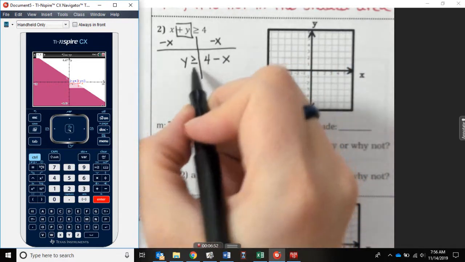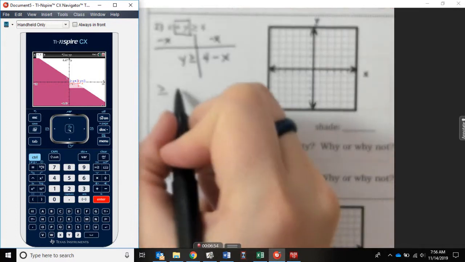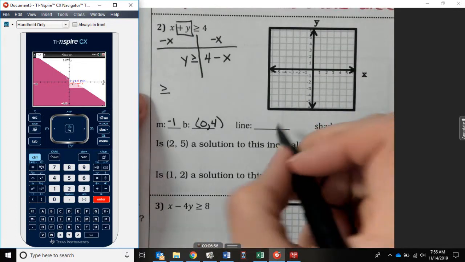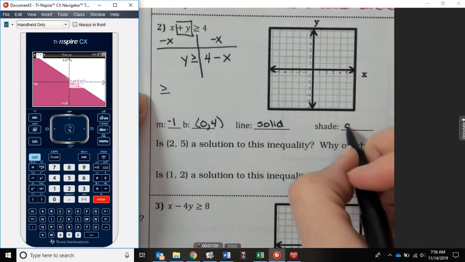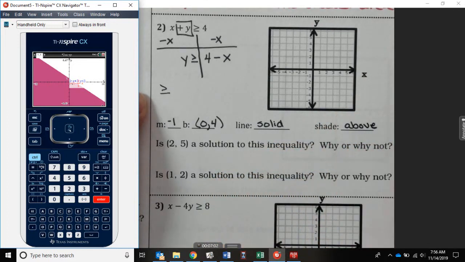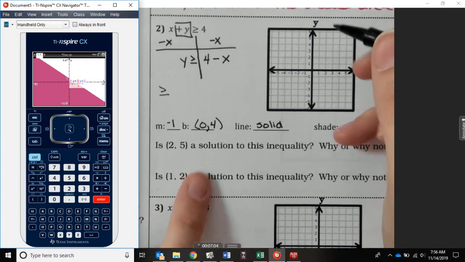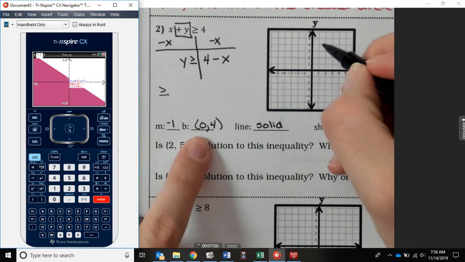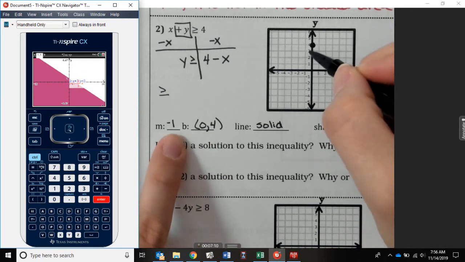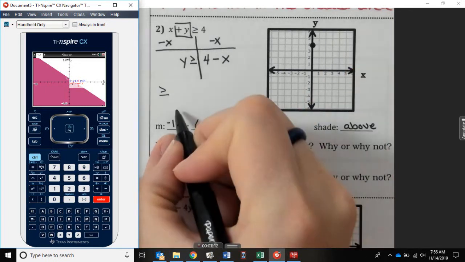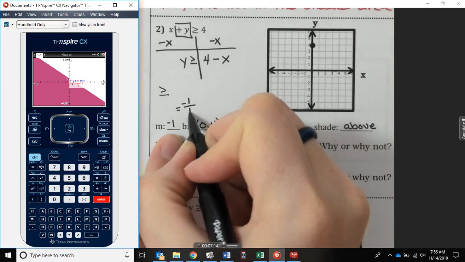And again, if I look at my symbol, I have greater than or equal to, which means I have a solid line, and I'm shaded above, I'm greater than the line. So if I were to graph this, I would start at the y-intercept, which is 0, 4. And then my slope says to fall 1, run 1. Fall 1, because remember this is really -1 over 1.